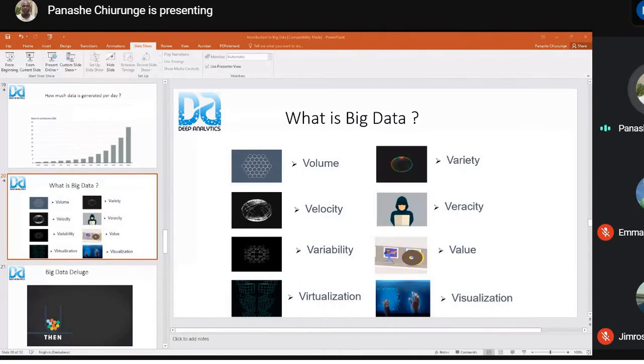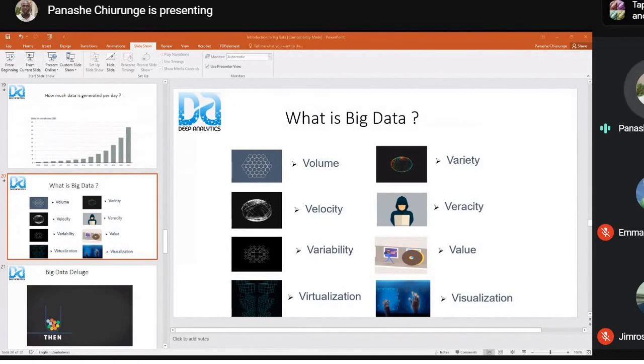There's some structure to it. Unstructured data is like your YouTube videos, where there's no specific defined format. So those are the 3 varieties of data: structured, semi-structured, and unstructured.